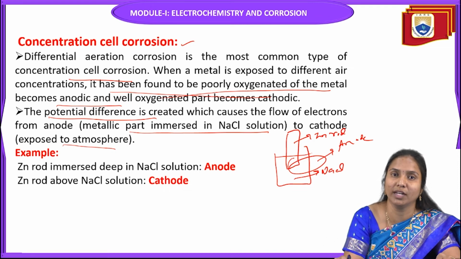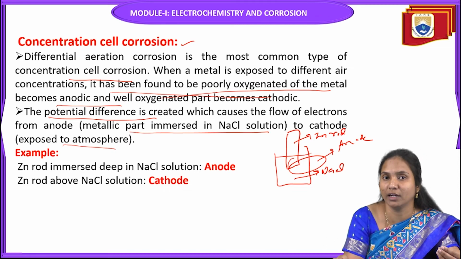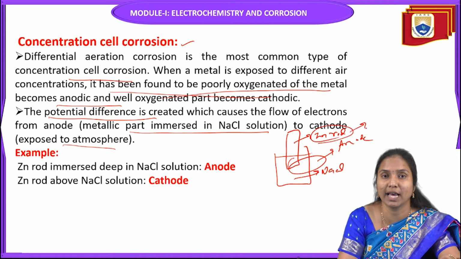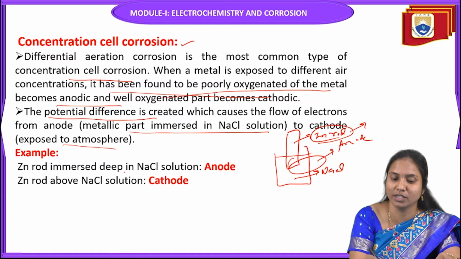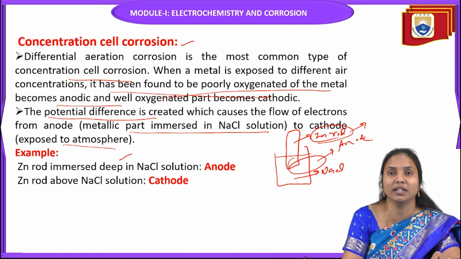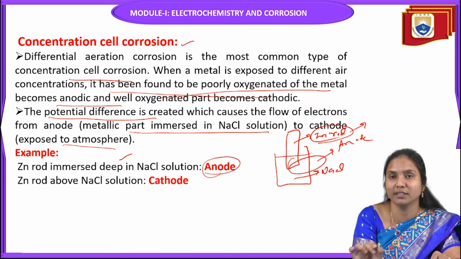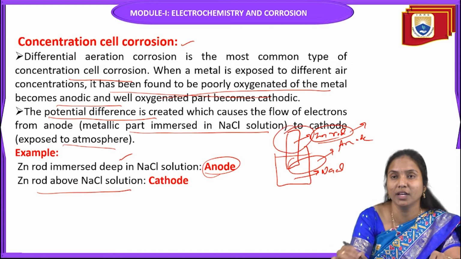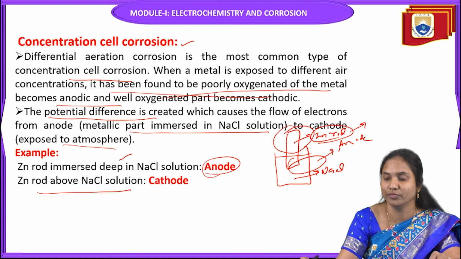Above the water level, it has more oxygen, so that part acts as cathode. This is one example of concentration cell corrosion. The zinc rod immersed in NaCl solution acts as anode, and the zinc rod above the NaCl solution acts as cathode.